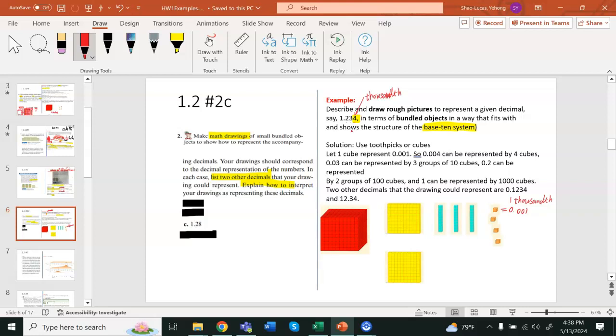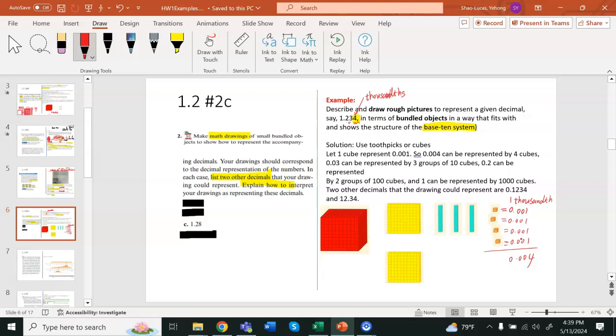Because we have a 4 in the thousandths place, we're going to have 4 cubes. Each is 0.001, and we have 4 of them, which altogether give us 0.004. So now we've got the thousandths place digit.